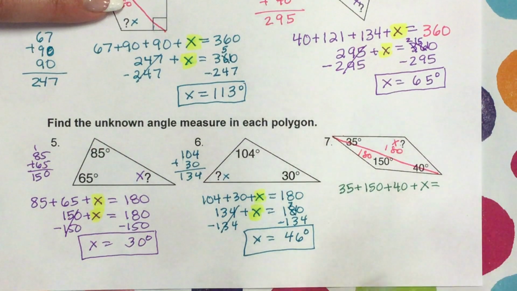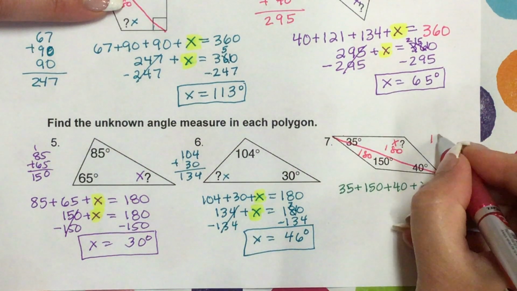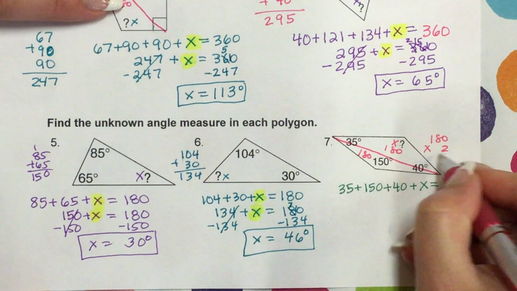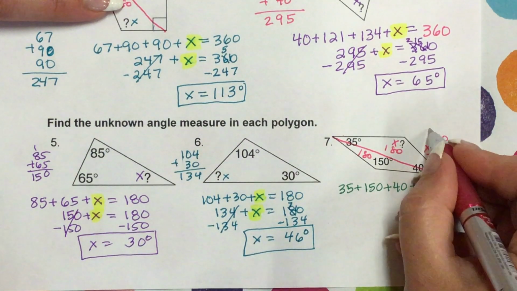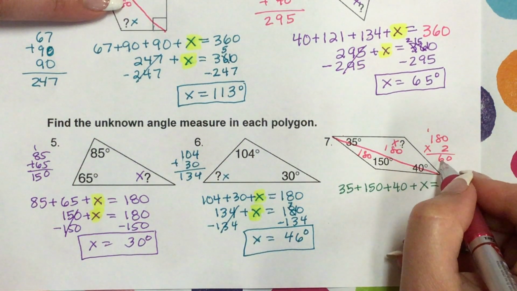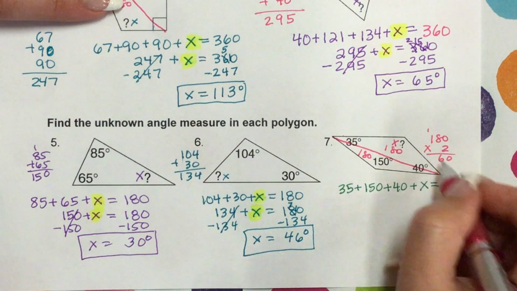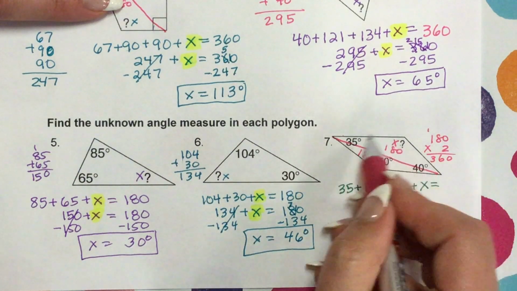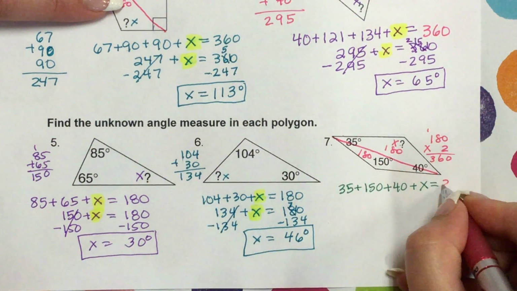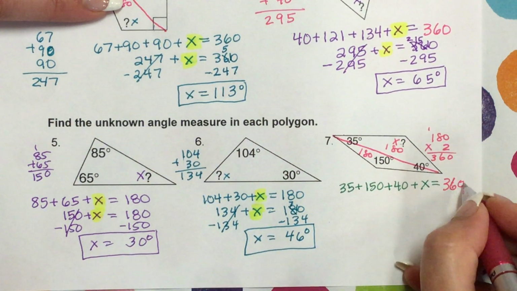So I have 2 triangles. So I'm just going to go 180 times 2. 2 times 0 is 0. 2 times 8 is 16. 6, right? The 6, carry the 1. 2 times 1 is 2, plus 1 is 3. That means that the sum of all of the interior angles of this quadrilateral equal 360 degrees.